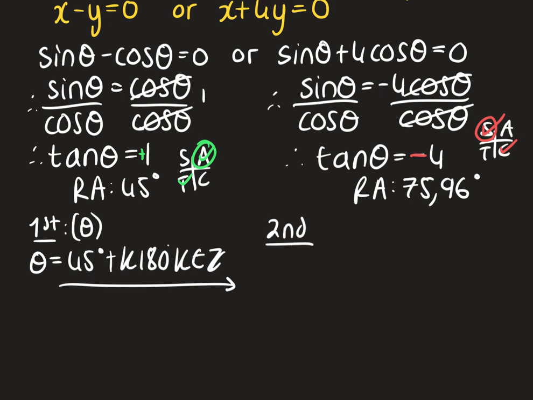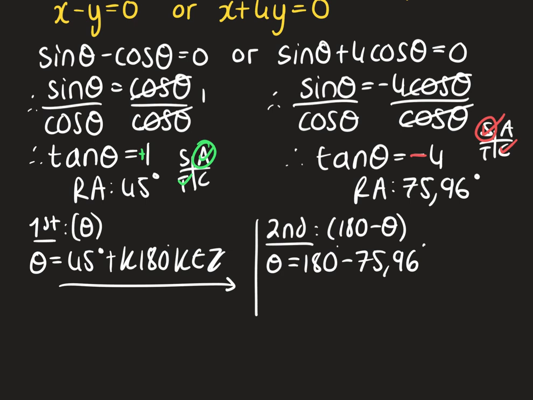And here we're going to do second quadrant, and that is going to be the 180 minus theta quadrant. So therefore, theta is going to equal 180 minus the 75,96 plus k 180, k is an element of integers.